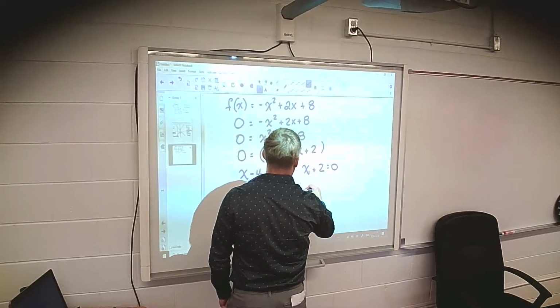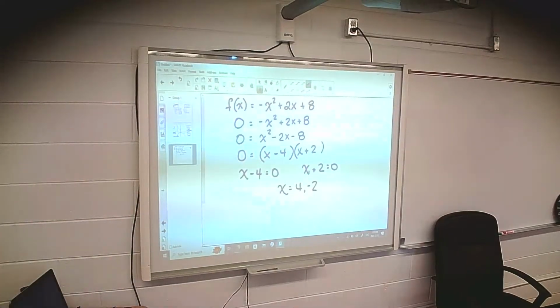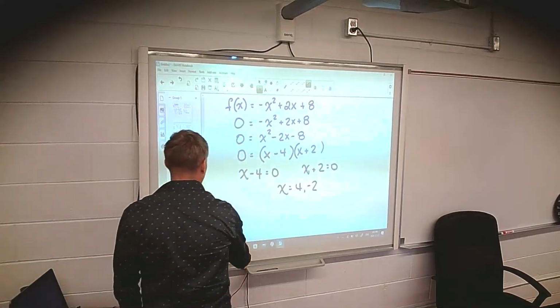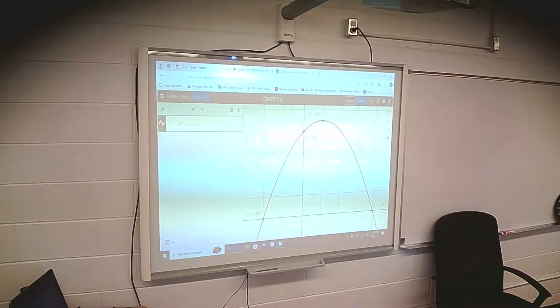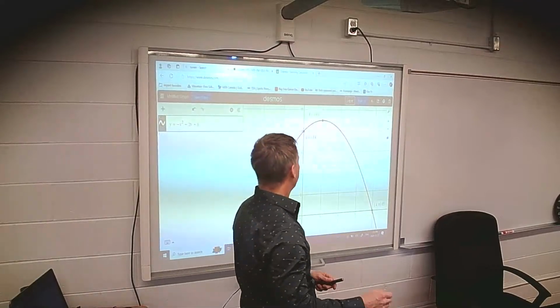X is equal to 4 and -2. Those are my x-intercepts. So without graphing, by plugging in 0 for y, because that's the y value on the x-axis, I can get 4 and -2, which is what I had down here. So you can use Desmos to check it. Y-intercept 0 and 8. X-intercepts -2 and 0, 4 and 0. So far, so good?